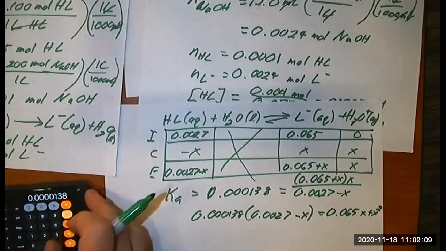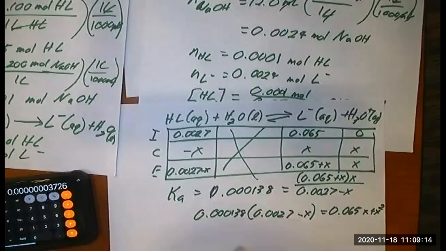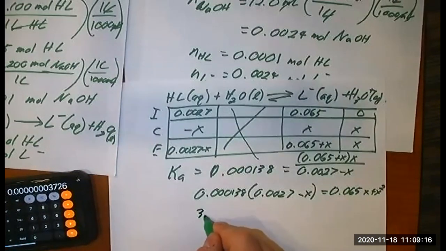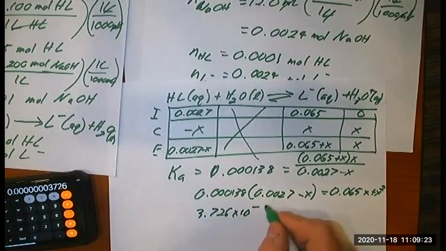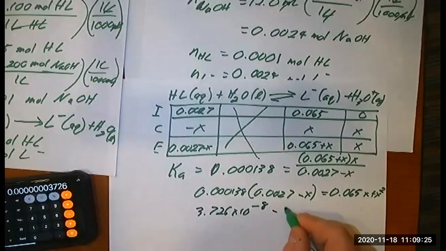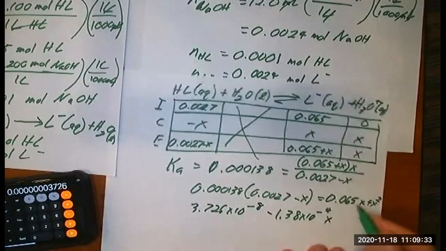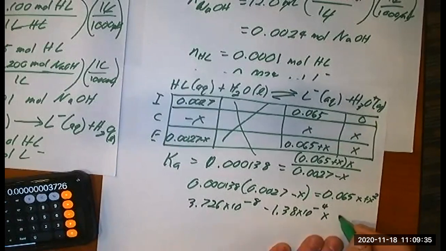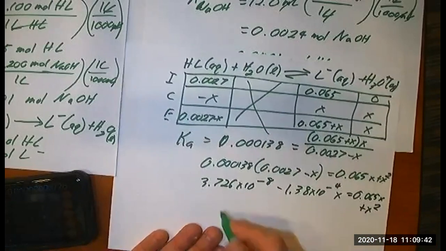Multiply those through. 138 times 0.0027 gives us, I'm going to go to scientific notation, 3.726 times 10 to the negative 8, minus 1.38 times 10 to the negative 4 x, equals the same thing on this side. So let's combine terms.